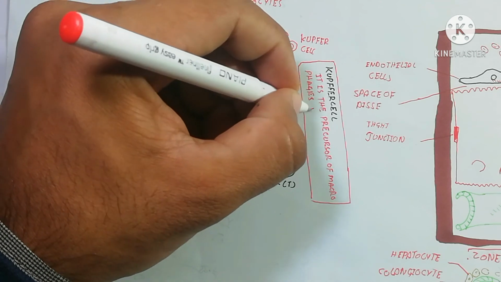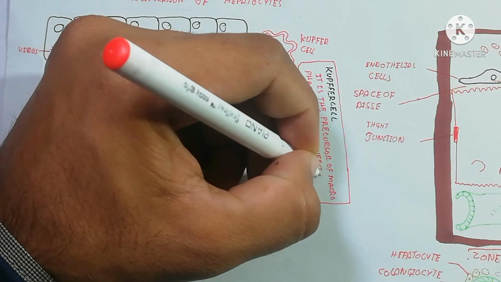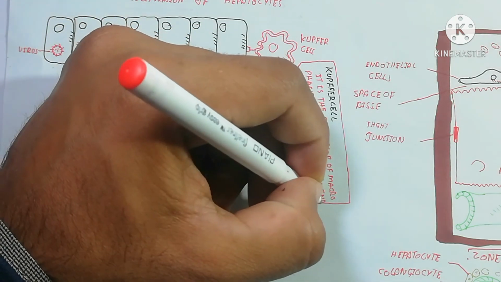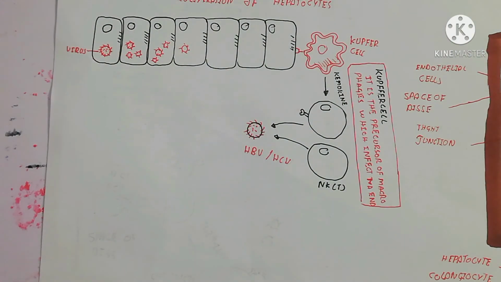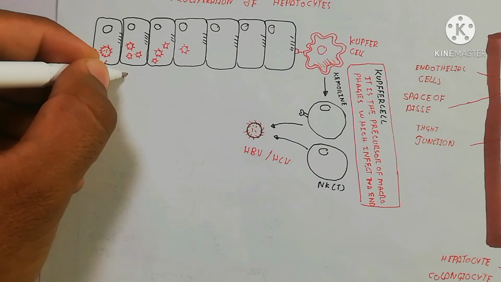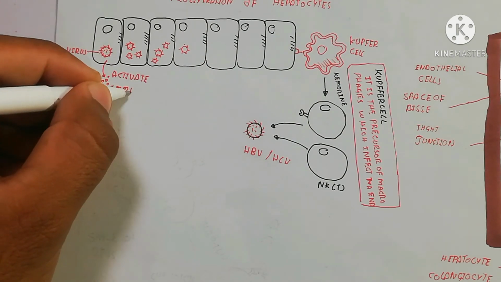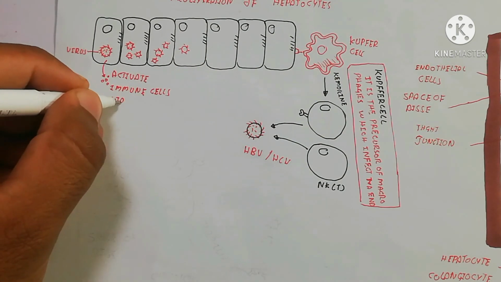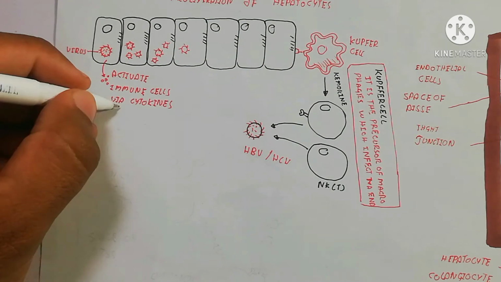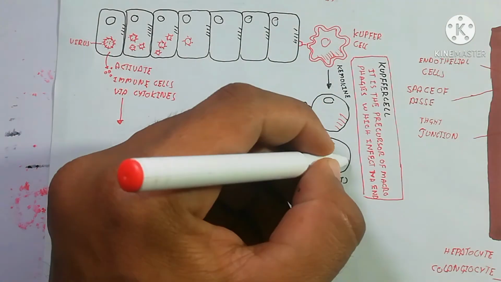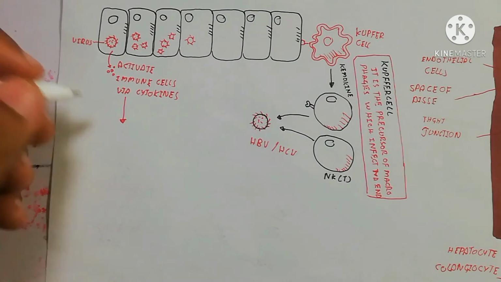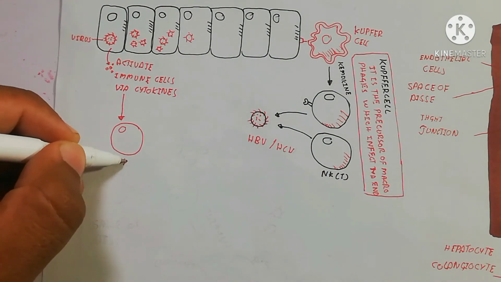A Kupffer cell is the precursor of macrophages. So here it activates immune cells via cytokines.